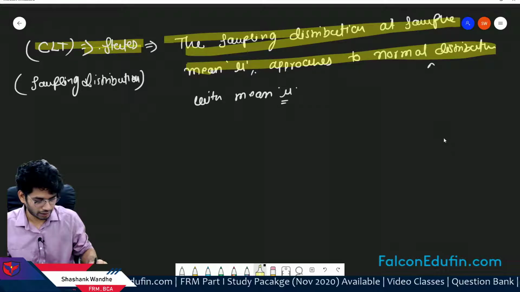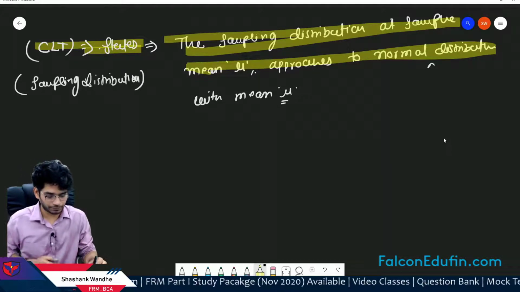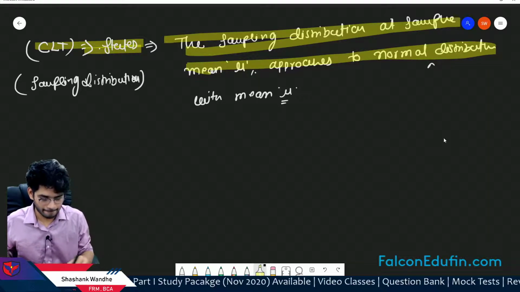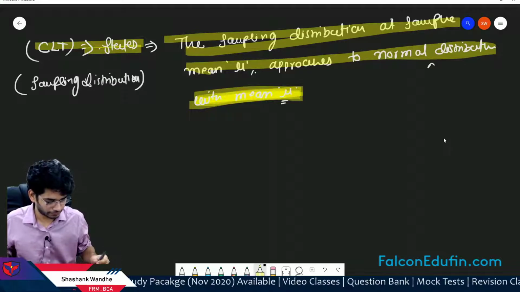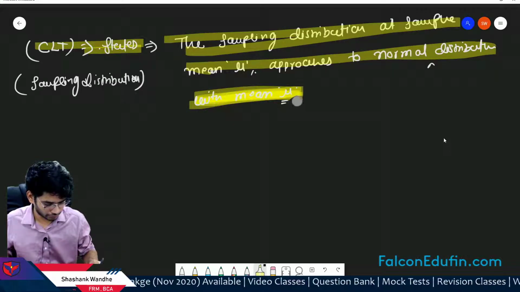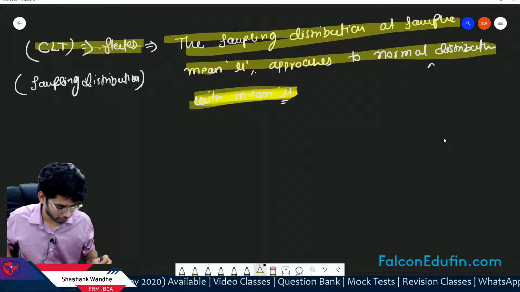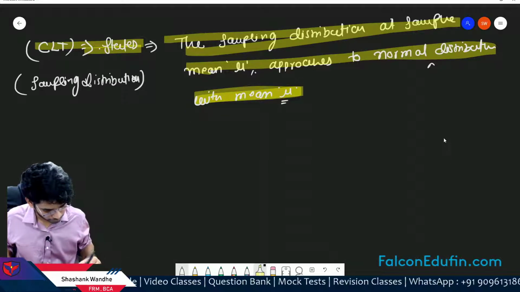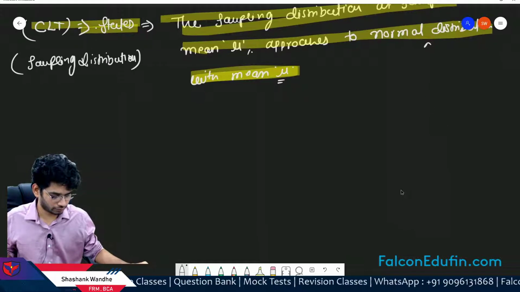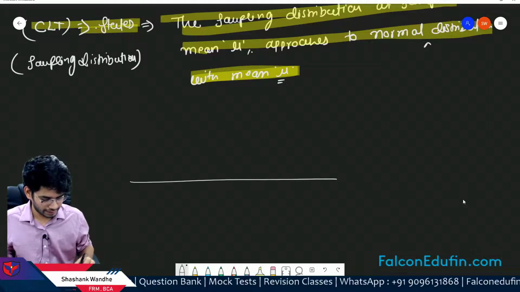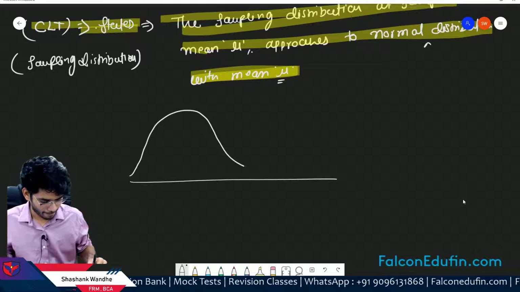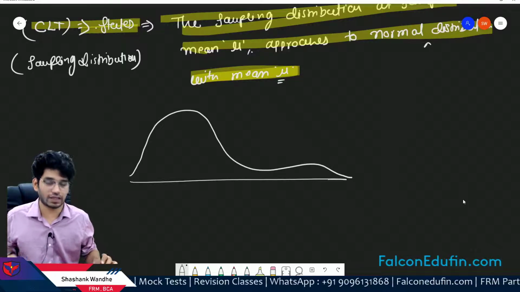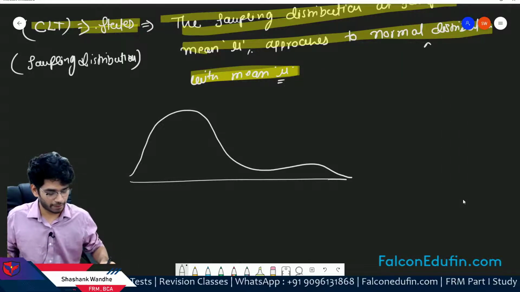Very critical, highly testable, both. Say this is your population. This is how the population is distributed.